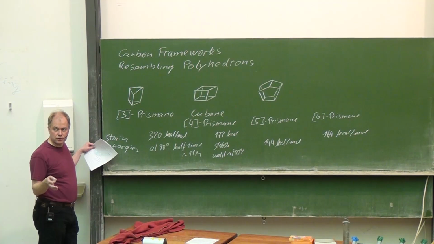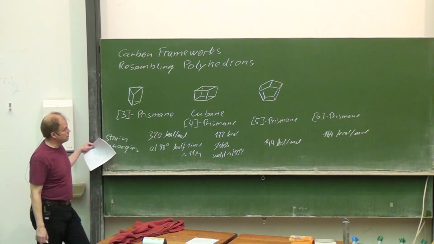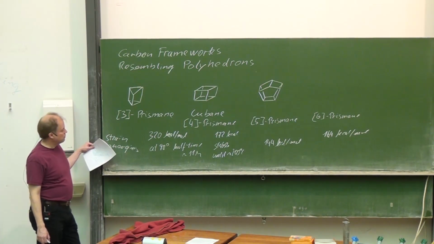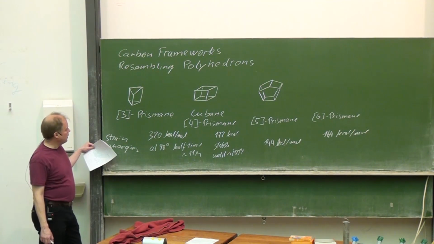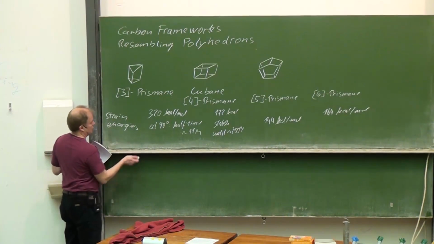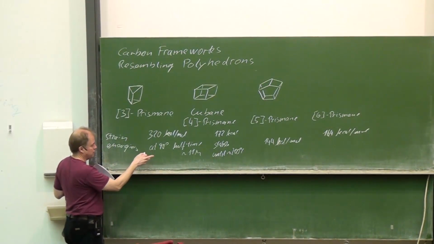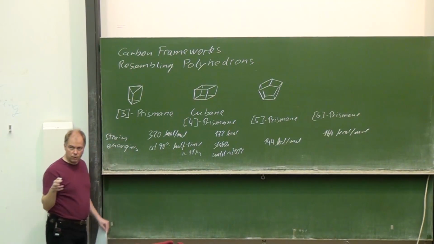Photochemical reactions are regularly very important for synthesizing this type of products. So, if we have a look at that 3-prismane first, and as I said, at 90 degrees, it has a half time of about 11 hours.